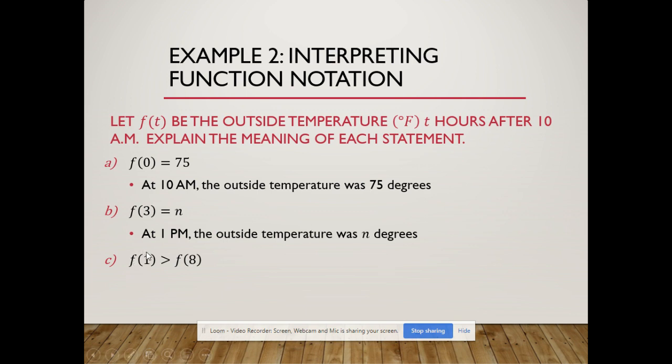So the temperature at 1 hour after 10 a.m., so 11 a.m. So the temperature at 11 a.m. is greater than the temperature 8 hours after 10 a.m., so 6 p.m. The temperature at 11 a.m. is warmer because it needed to be greater than, so if we're talking about temperature, warmer, than the temperature at 6 p.m. Okay, and that's how we can interpret these very small statements. These small statements are full sentences explaining relationships.